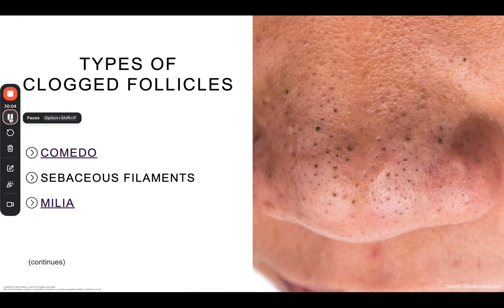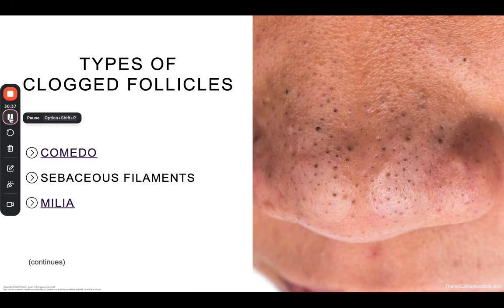Because when the follicle is filled with excess oil, the blackhead forms and it's dark because it is exposed to oxygen and oxidation occurs. A closed comedone forms when the opening of the follicles are blocked with debris and white cells, or we refer to closed comedones as whiteheads. These should not be confused with milia. Milia are something different, and we'll break those down in just a second.